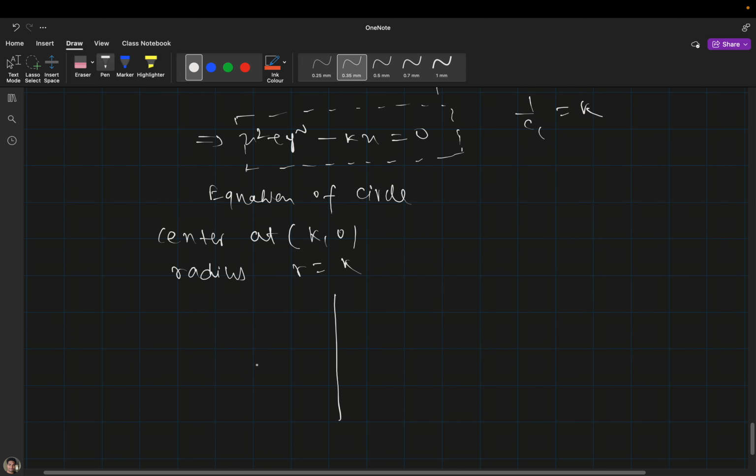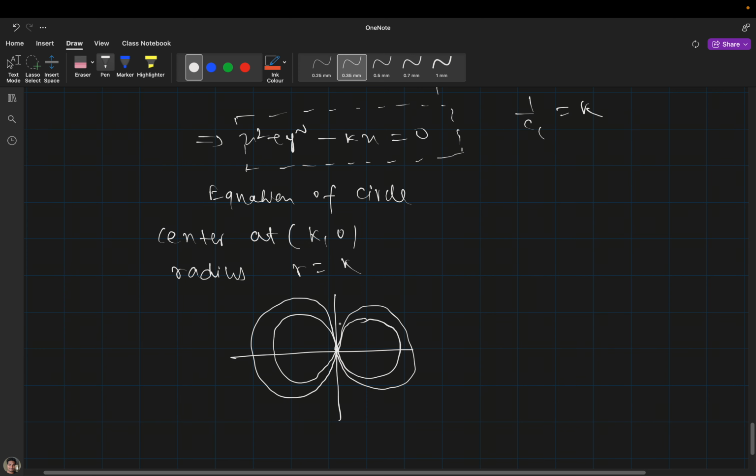And this is nothing but this kind of curve. Since k is a parameter, you can clearly see that it can be negative and positive both. So you will see this kind of family of circles. The center is k comma 0, or if k is negative, it lies on the other side, and the radius will be k.